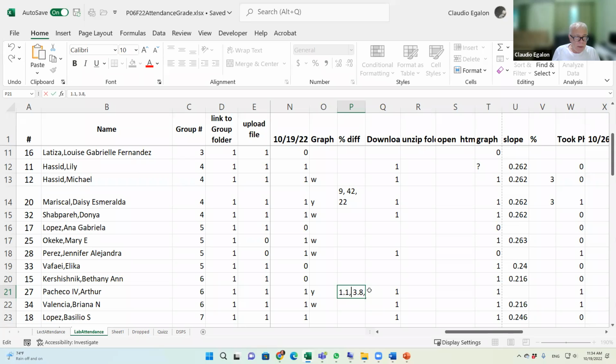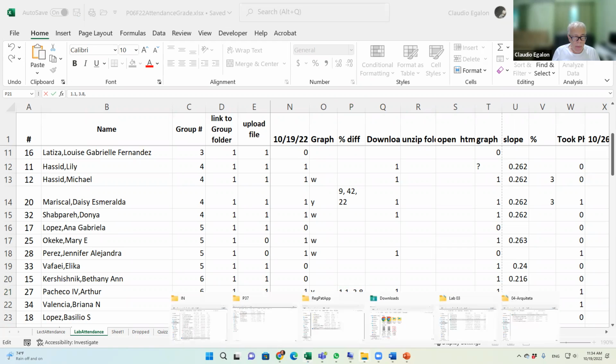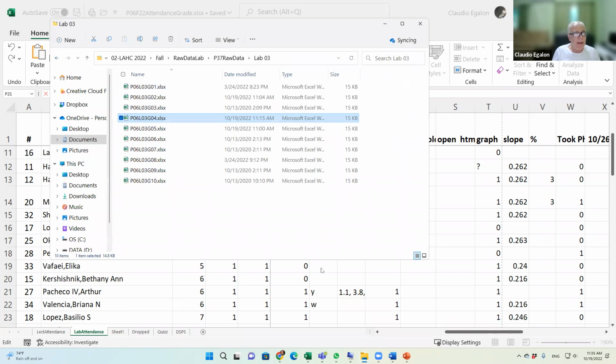Let's say 1.1, 3.8. And what about the point up? 0.96%. Wow, nothing, right? Almost nothing.